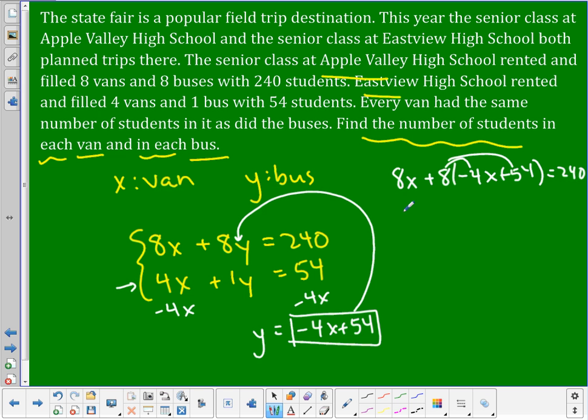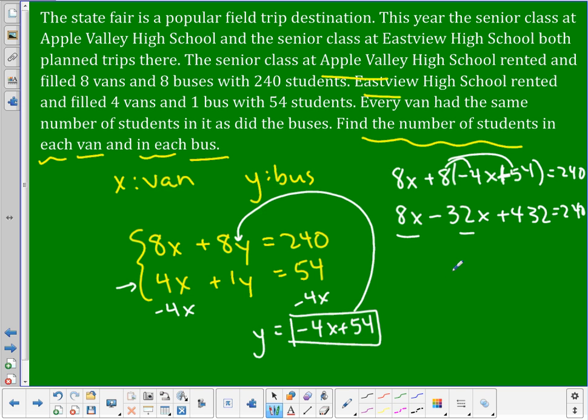Distribute that 8. I end up with 8x minus 32x, plus, because this is a positive, sorry. Positive 8 times positive 54 is positive 432 is equal to 240.